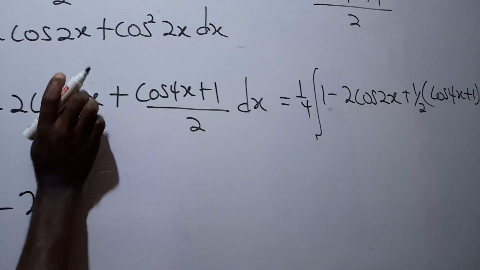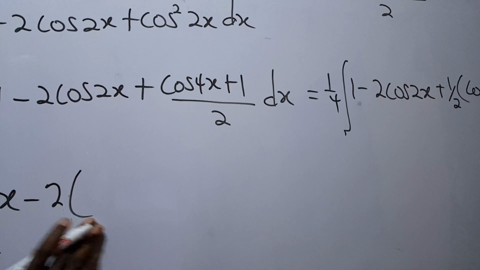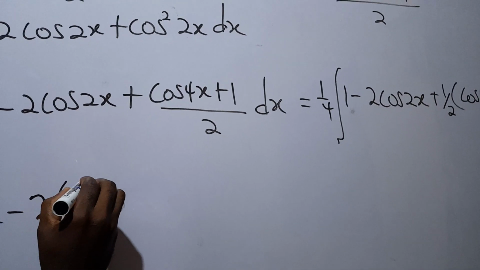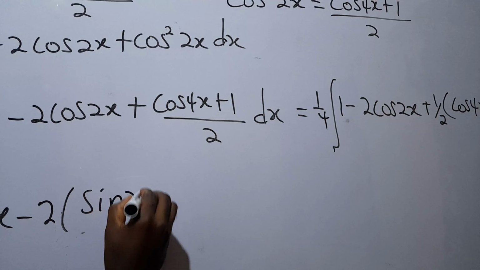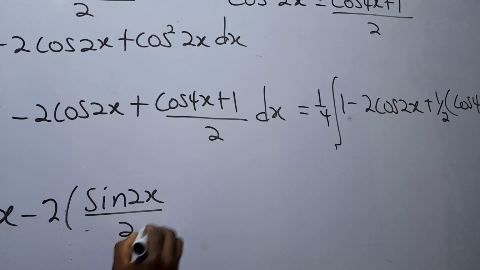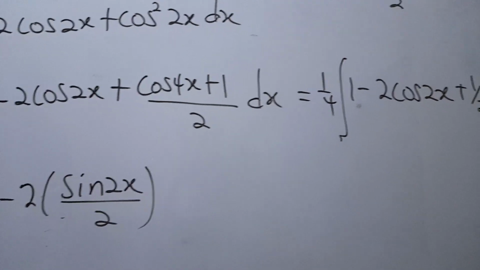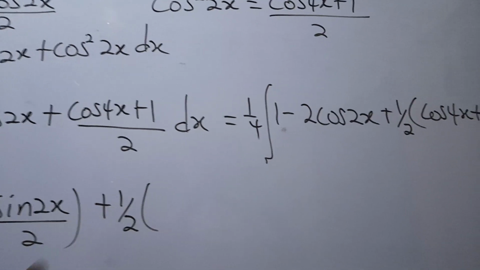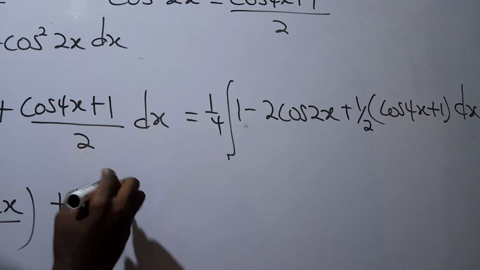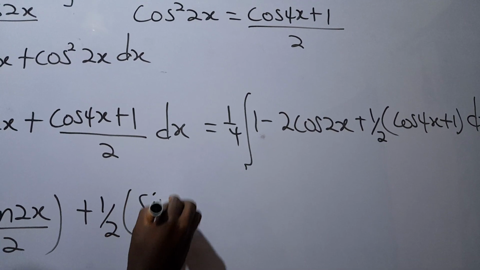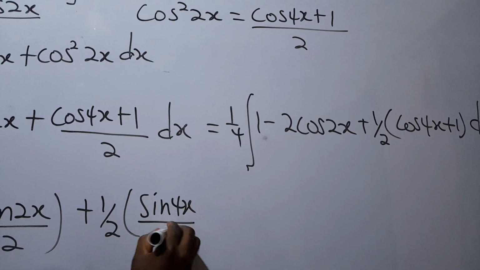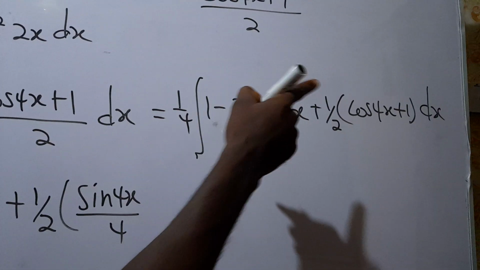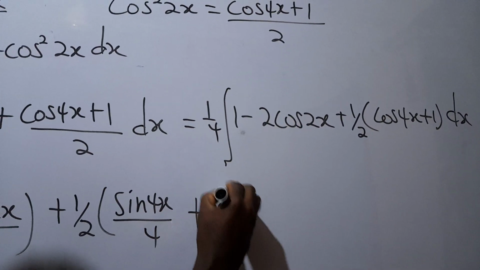When we integrate cos 2x, we'll get sine 2x over 2. Then plus half bracket. When we integrate cos 4x, we'll get sine 4x over 4. Then when we integrate 1, we'll get x.